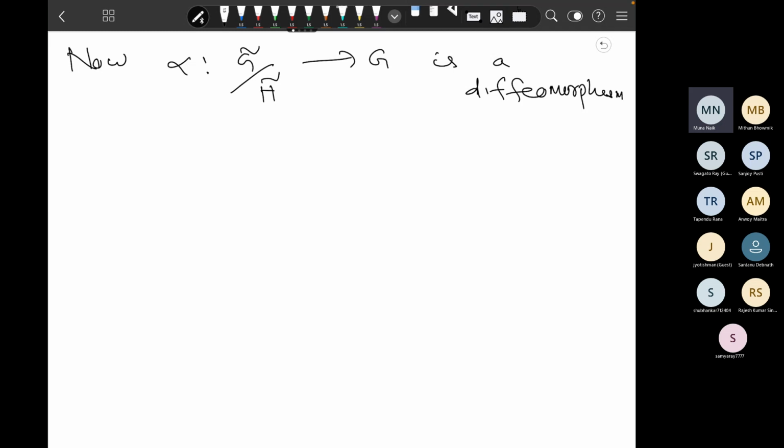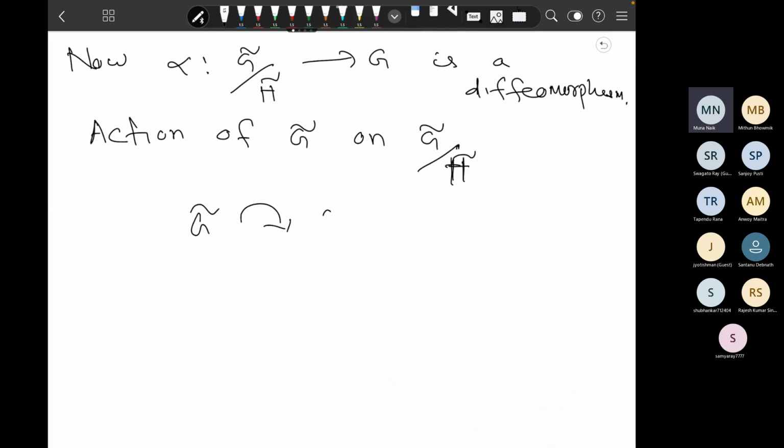So you just forget everything. Okay. So under this, via alpha, the action of G tilde on G tilde mod S tilde. How does this G tilde act on G tilde by S tilde?